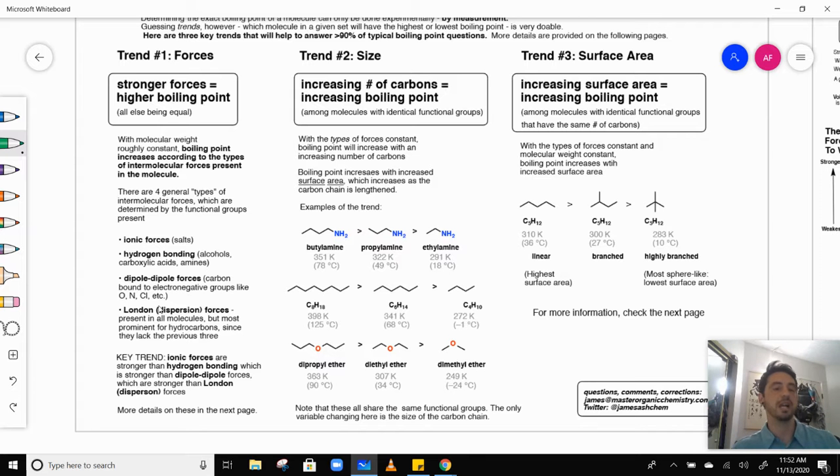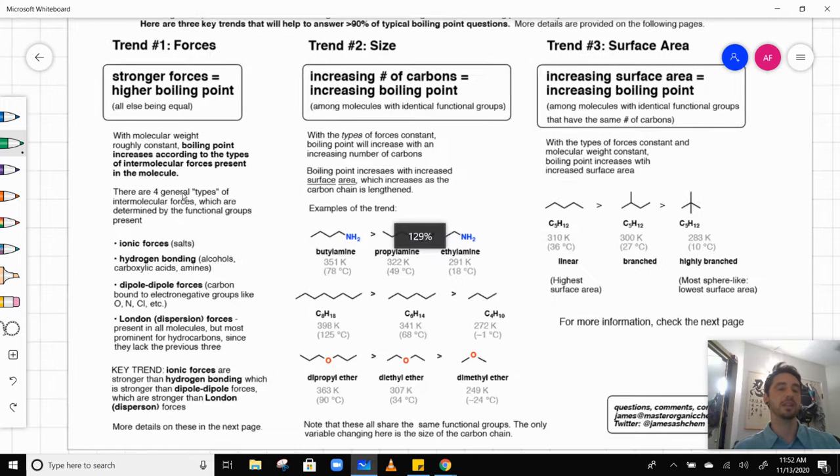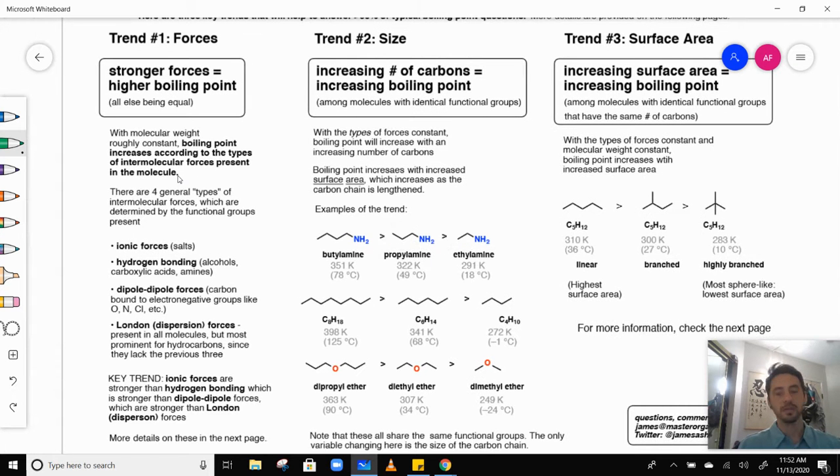So we talked about ionic forces actually are the strongest. And sometimes those are considered intermolecular forces, sometimes they aren't. But if they're asking you for boiling point or something like that, then ionic substances will usually have the highest boiling points. Next, you have hydrogen bonding.